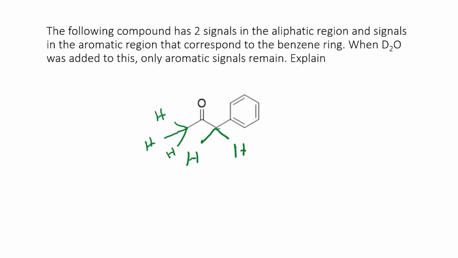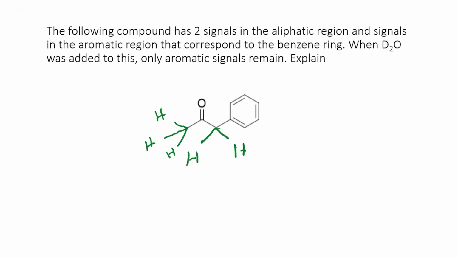Now the next question is that this compound here has 2 signals in the aliphatic region. If you look at it, these are the aromatic hydrogens, 1, 2, 3, 4, 5, but this proton is equivalent to this, and this is the third hydrogen. So you would have 3 distinct signals in the aromatic region.